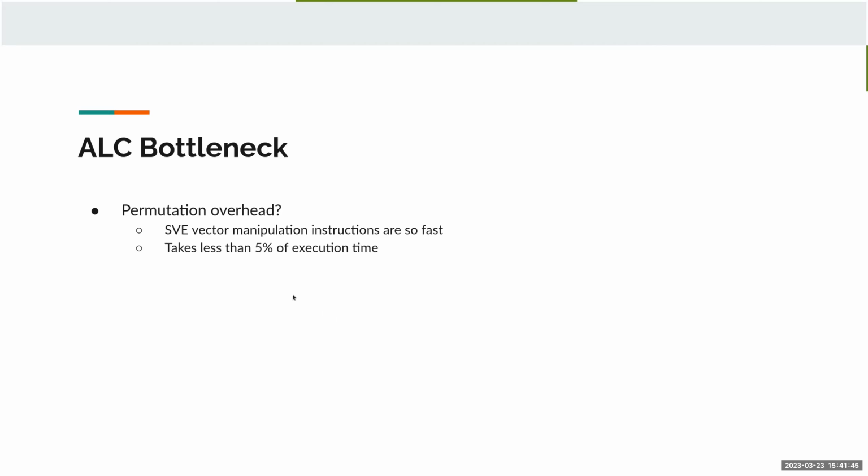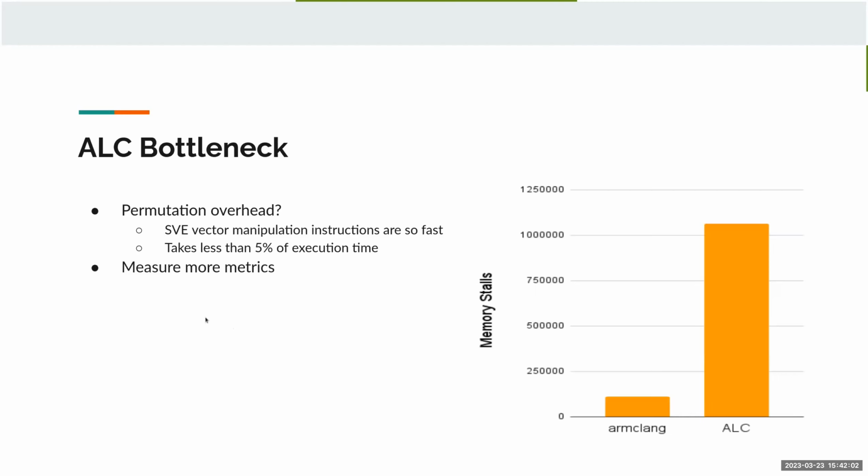And when we did our measurements, it proved that only less than 5% of execution time was spent on the permutation. So to find the problem, we measured more metrics.